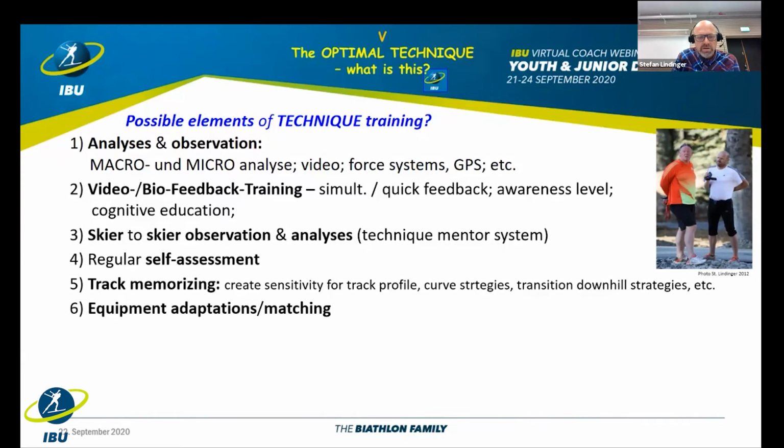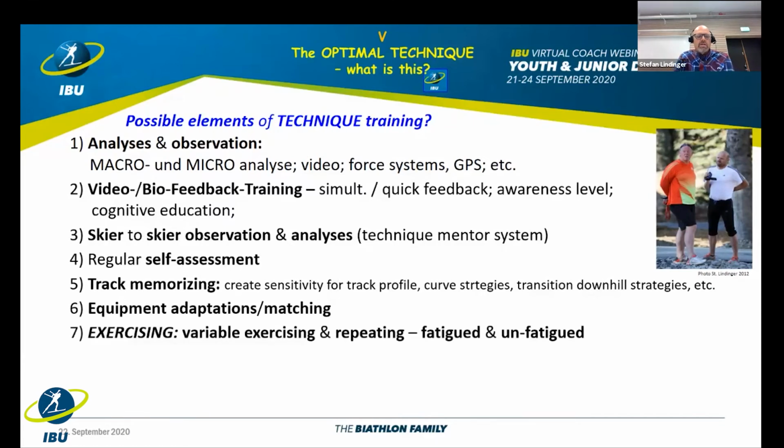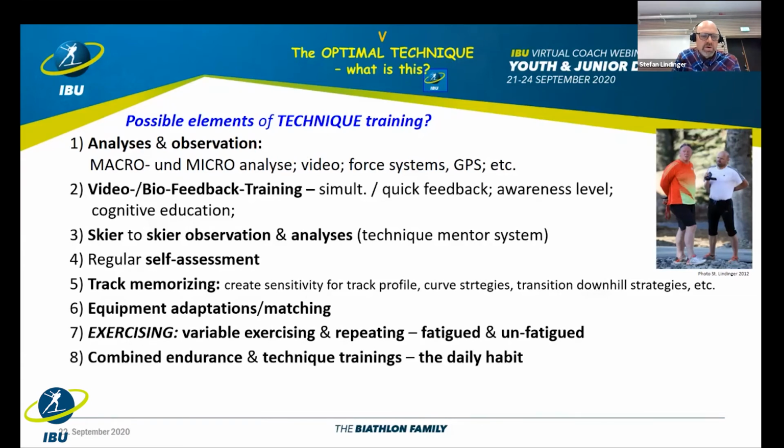We match the pattern to the equipment, if possible, in the boot, in the ski, in the stiffness, in the poles. Then the main part is the exercising: variable exercising, repeating in fatigued and unfatigued status. We have combined endurance and technique training sessions as a daily habit.